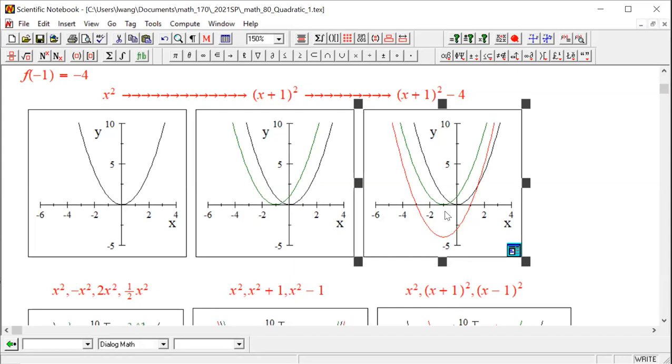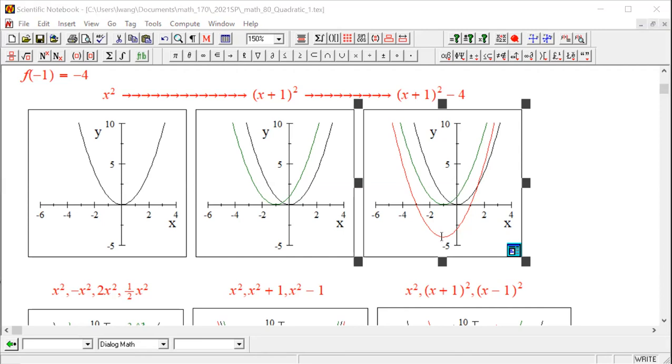You can see the vertex ended up at (-1, -4). At this point, you can see the shifting. Everything shifted to the left by 1 unit when we go from x squared to (x + 1) squared, so the vertex moved from (0, 0) to (-1, 0). And then we shifted down by 4 units, so this point ended up at (-1, -4).